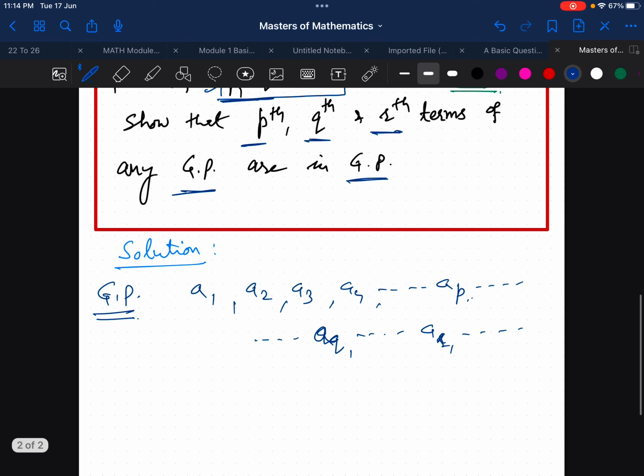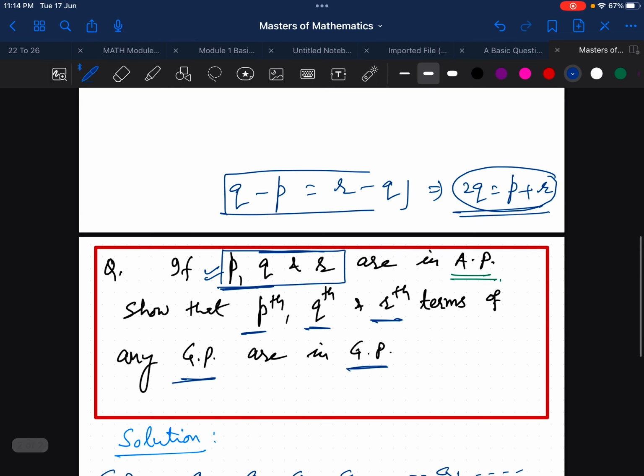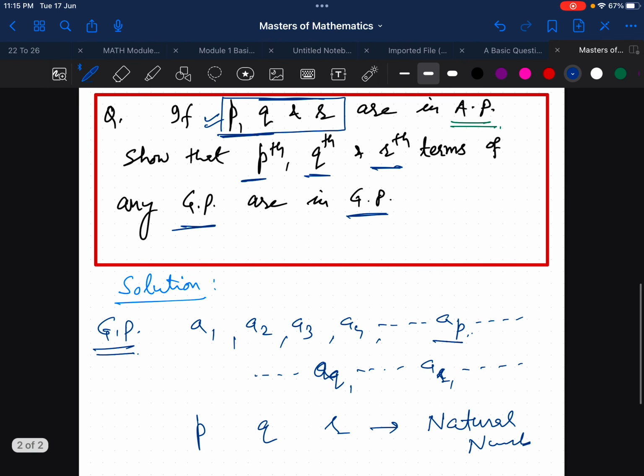It is obvious that P, Q and R are natural numbers, and if I assume that P, Q and R are an increasing AP, then the Pth term will come earlier than the Qth term and the Qth term will come earlier than the Rth term.